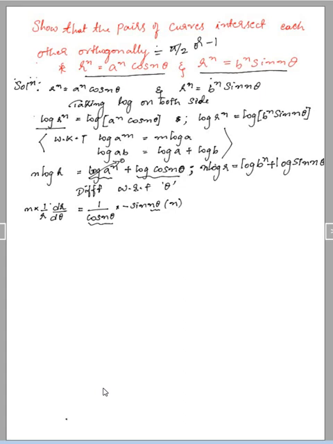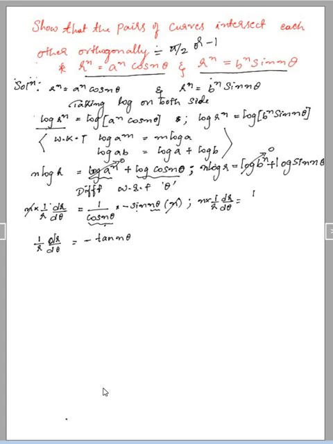So here, as we have n on both sides of the equality, n gets cancelled. You are left with 1 over r dr by d theta, which is equal to minus sin by cos. Sin by cos is tan n theta. Similarly, let us find the derivative of the other curve, that is n into the derivative of log r, which is 1 over r into dr by d theta. Similarly, differentiation of log b power n is 0.